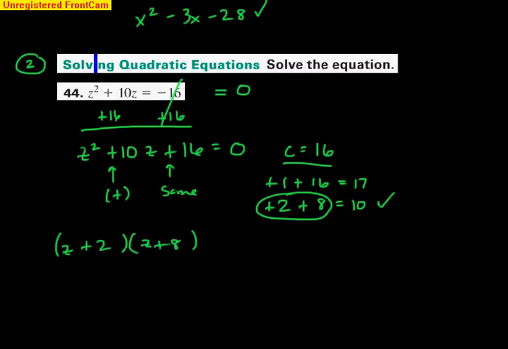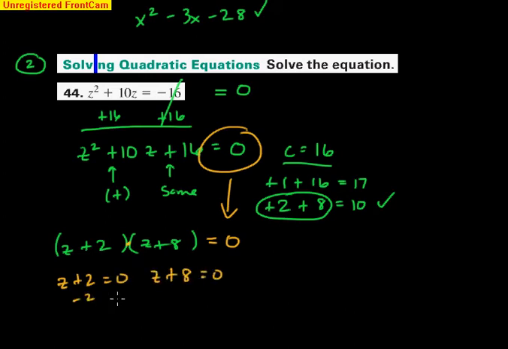Now do not forget that you have this equals 0, which you must bring down. And now there is multiplication right here. You're looking for the two values of z. Okay? One's going to make z plus 2 zero, or one's going to make z plus 8 zero. So to do that, we set each one equal to 0, and we'll find the two values of z.